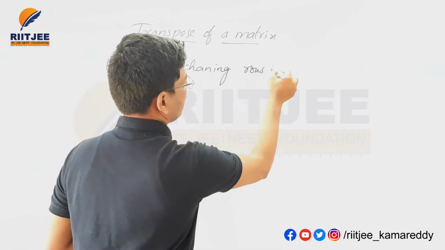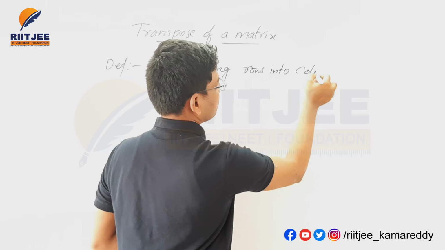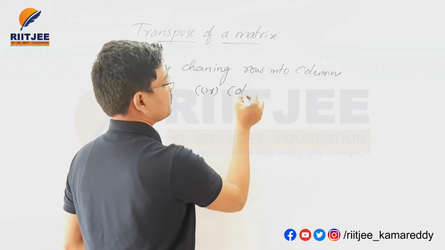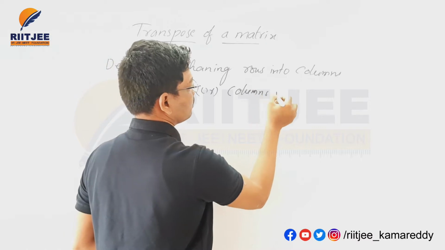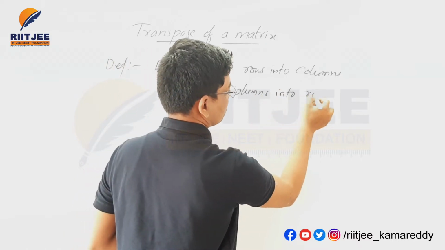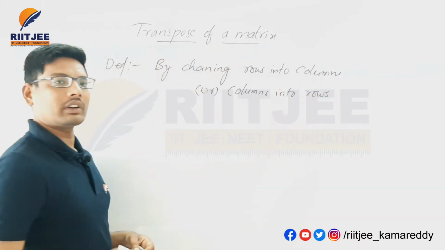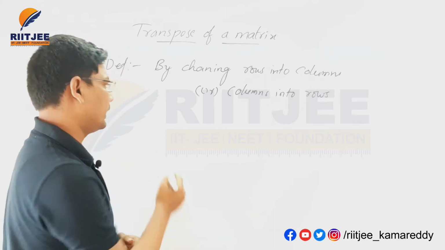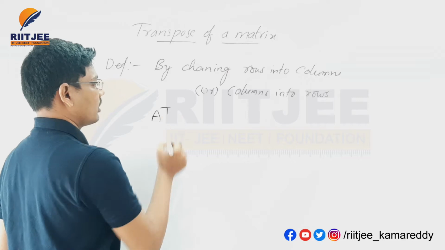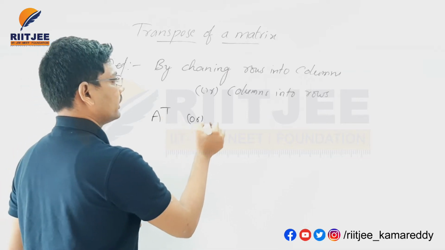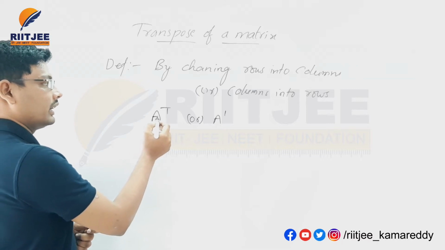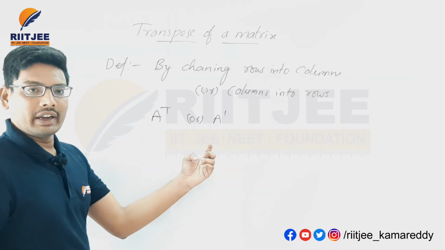The transpose of a matrix is denoted by A to the power of T or A dash.